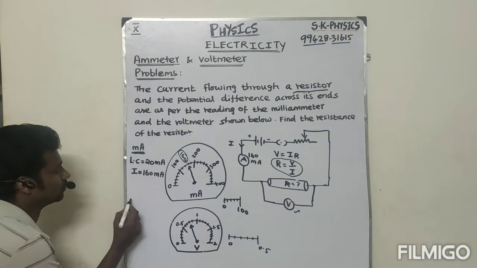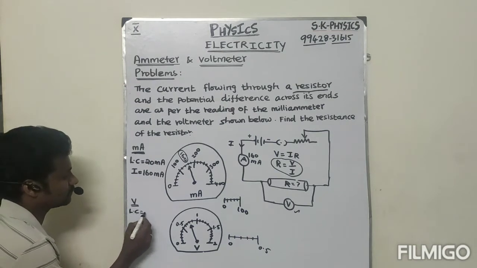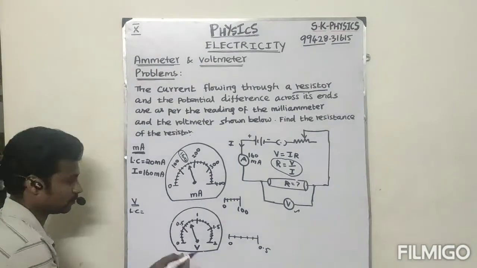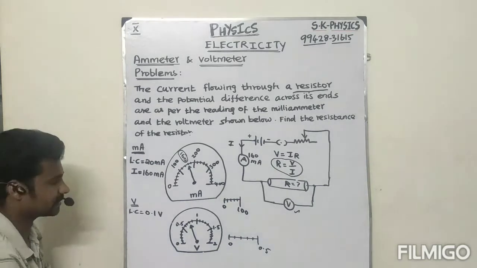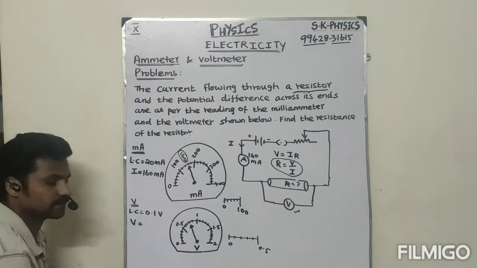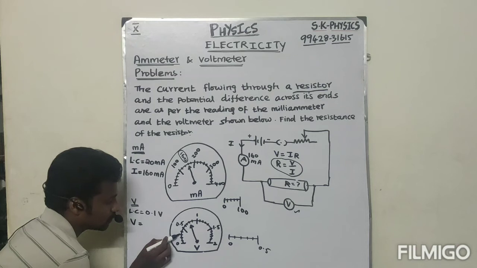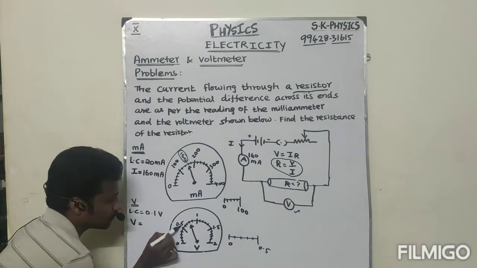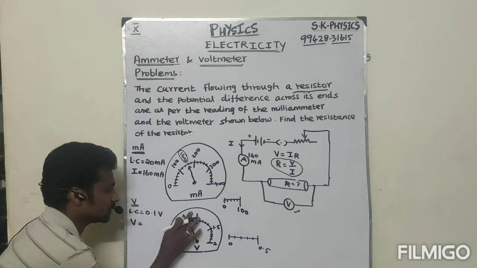So here the voltmeter least count, each and every division value, is how much? 0.1 volt. So like that, what is the voltage reading? See that? 0.1, 0.2, 0.3, 0.4, 0.5, 0.6, 0.7. See that this arrow mark is at 0.8.